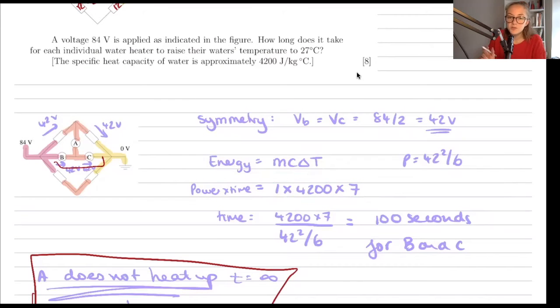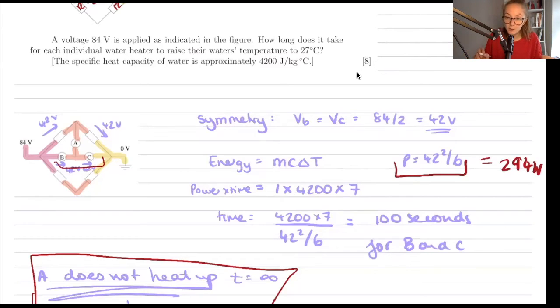Okay, so from symmetry, we know that the voltage across B and C is going to be the same. So that means that the power dissipated in B and C is also the same. And we can say that the power dissipated is V squared over R, or 42 squared over 6, which is equal to 294 watts.